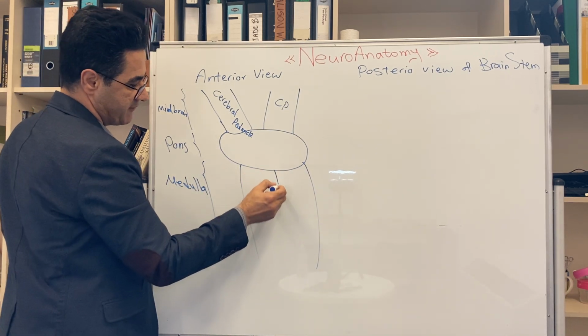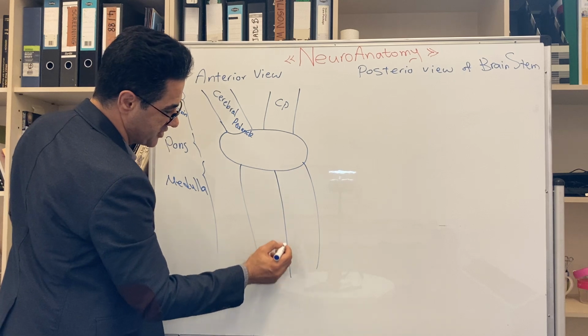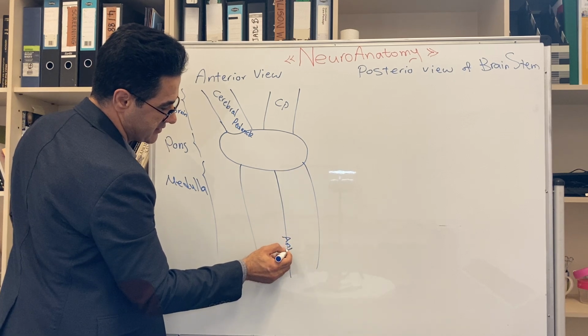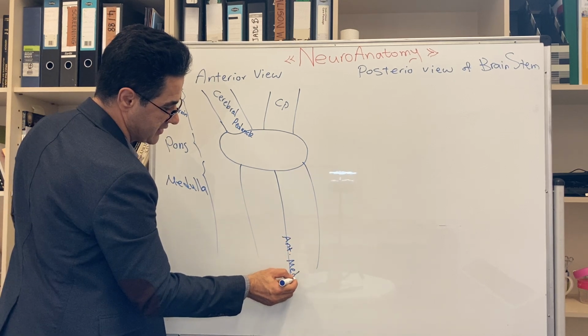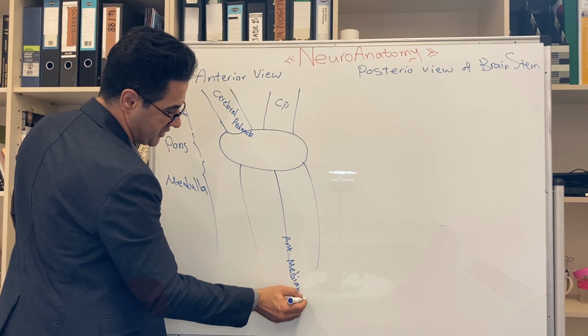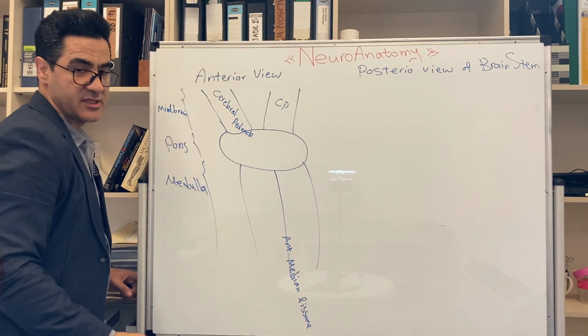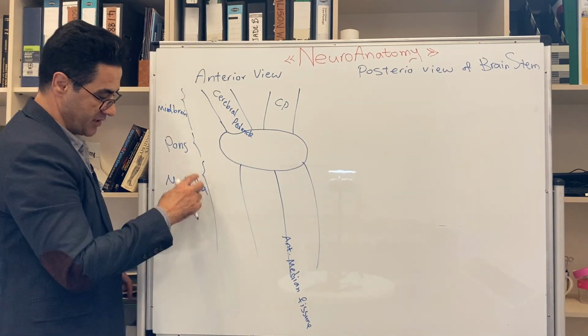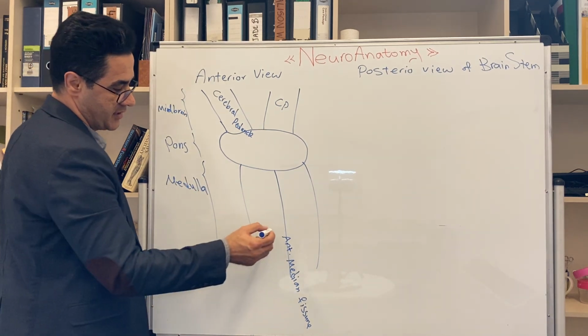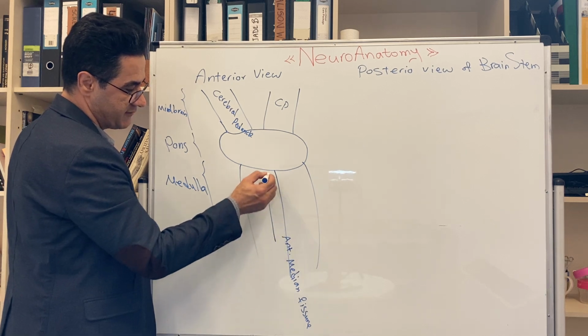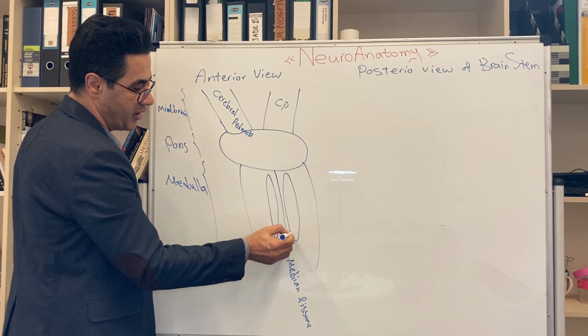In the midline, we have anterior median fissure. This is the anterior median fissure, which continues down as the anterior median fissure of the spinal cord, because below the medulla we have a spinal cord. On either side of the anterior median fissure, you can find two bumps.